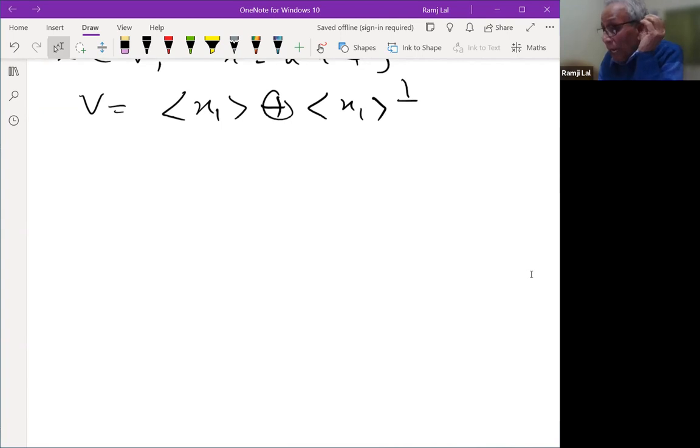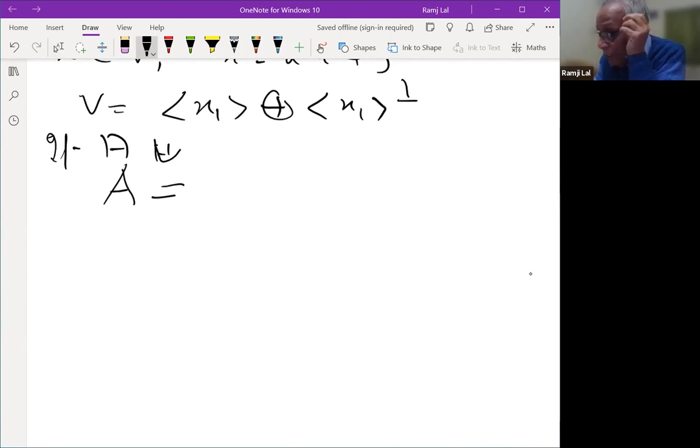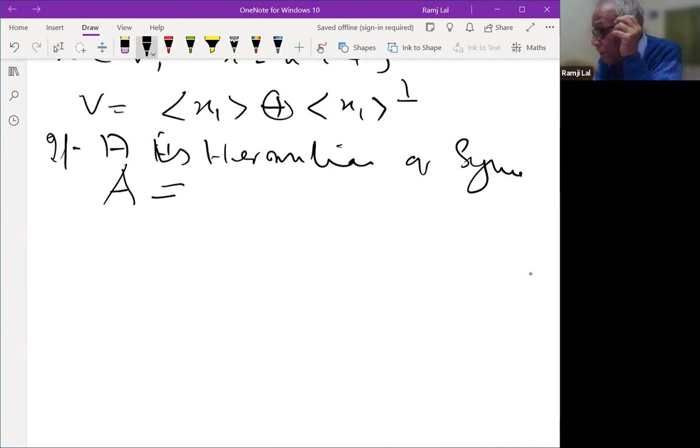So in other words, every Hermitian matrix or symmetric matrix A is congruent to a diagonal matrix. As a corollary, you can observe: if A is Hermitian or symmetric, then A is congruent to a diagonal matrix.